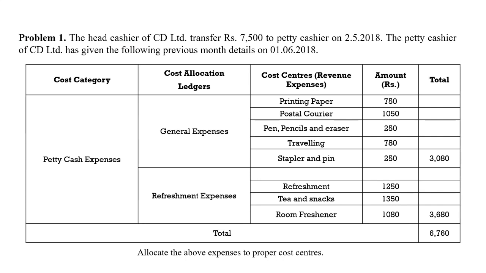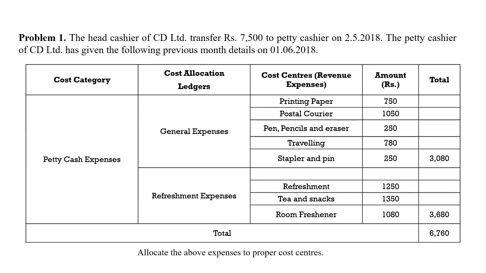Okay, so let's start with that particular problem. Take a snap of this problem and let's proceed. So at first, what we will do now, we will create the petty cash account first.